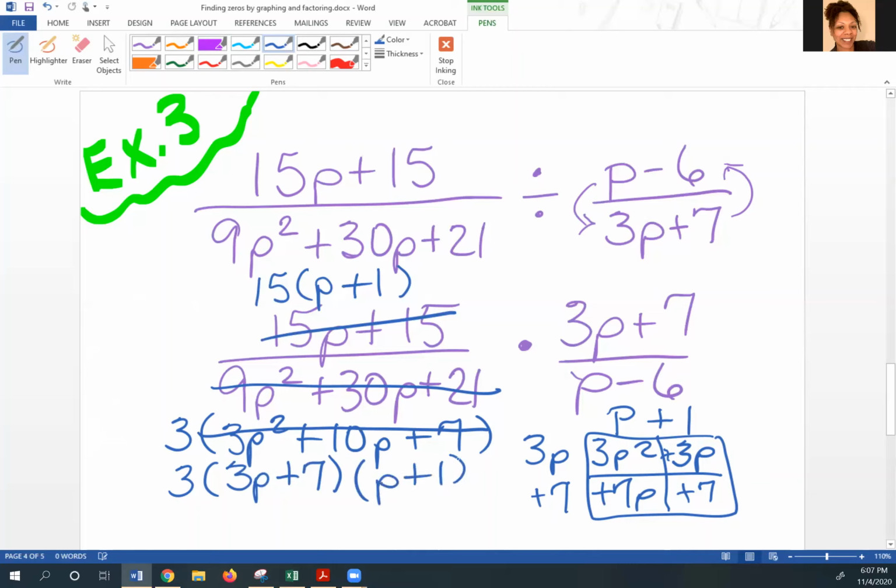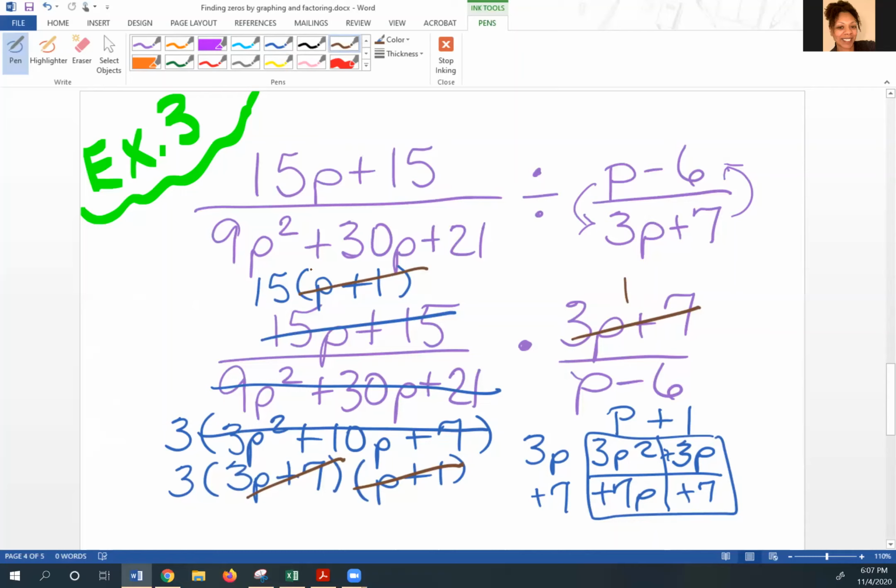And this gets very messy, so you have to pay attention to details. So let me just change colors again. I have a p plus 1 in the numerator and the denominator, so I can get rid of that. I have a 3p plus 7 and another 3p plus 7 diagonally, so I can get rid of that. So going across, I'm left with, if you want to put a 1 there just so you can see it, that's fine.